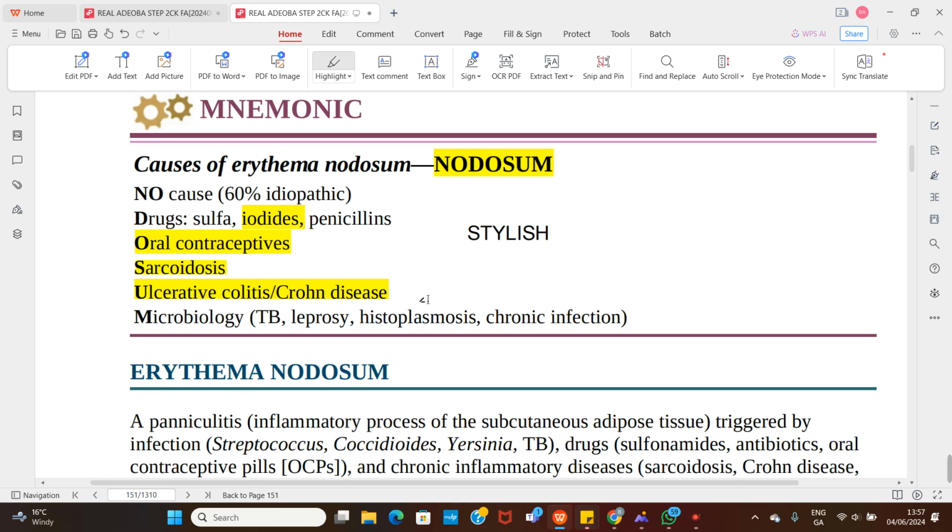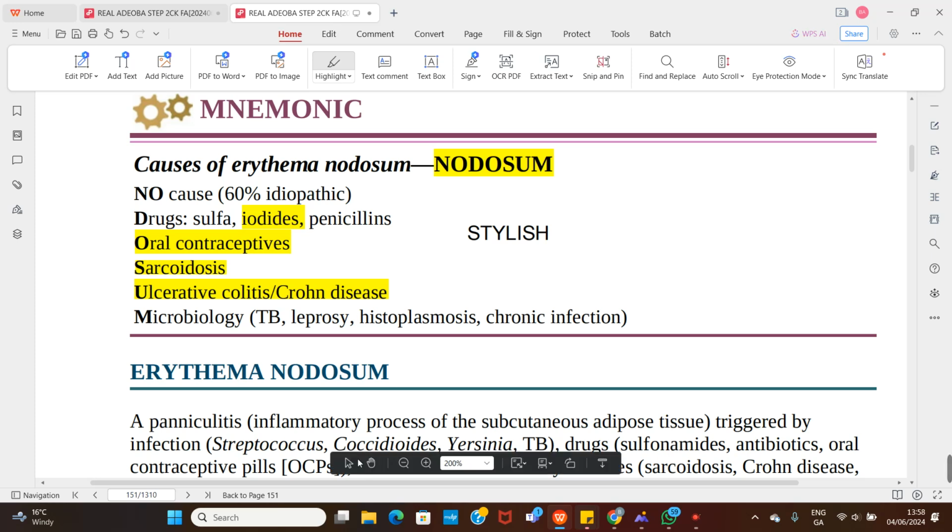Your Mycobacterium tuberculosis, your Mycobacterium leprae, histoplasmosis, and some other ones, the Yersinia, Coccidioides. Coccidioidomycosis. Coccidioides immitis. So your strep, tuberculosis, Yersinia, all of them can cause erythema nodosum.